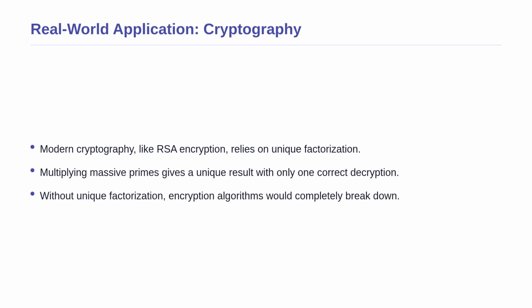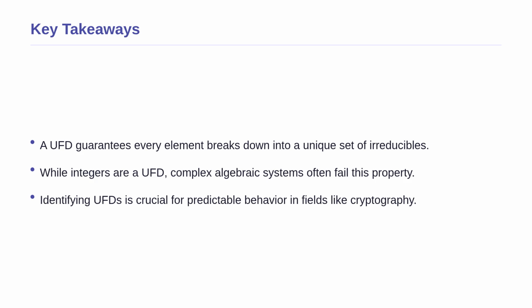RSA relies on the fact that multiplying two massive prime numbers gives a unique result, and factoring it back is mathematically guaranteed to have only one correct answer. If we worked in a system where numbers could factor in multiple ways, encryption algorithms would completely break down, yielding multiple conflicting original messages.